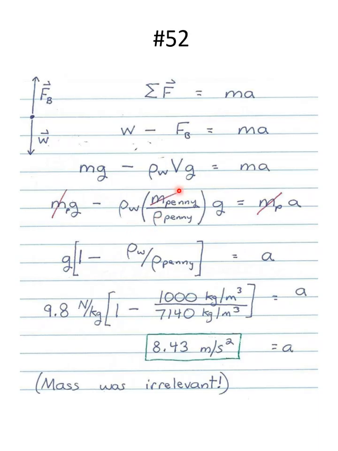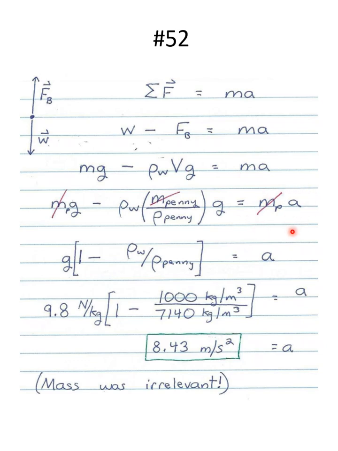Now I'm calling it, even though in the previous line it was the volume of the water displaced, I'm now suddenly calling it the volume of the penny because it's the same thing. The penny's volume is displacing that volume of water. So now it's the volume of the penny, it's mass of the penny divided by density of the penny times g equals, and now ma.